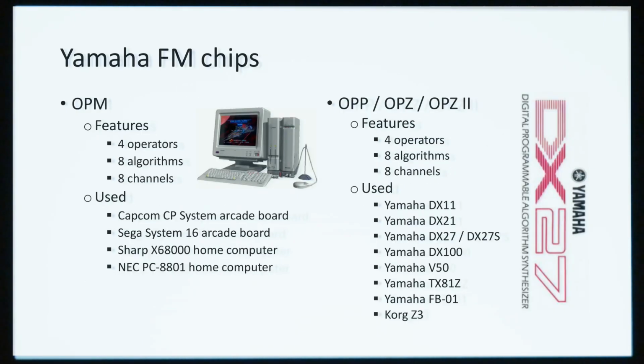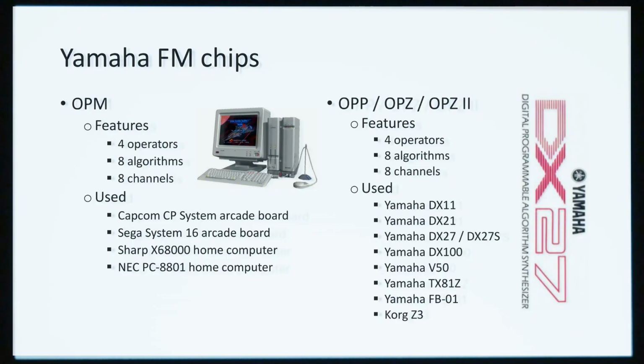Just briefly, the OPM, that's probably the most famous one because a million arcade games used it along with certain computers. And then Yamaha's own FM synthesizers, the ones that are 4-operator based, tended to use the OPP or OPZ or even OPZ2.